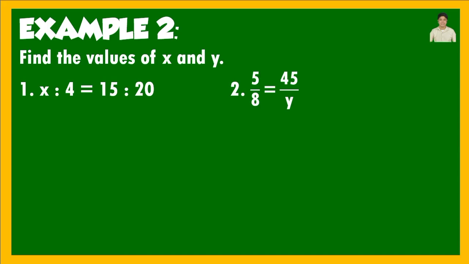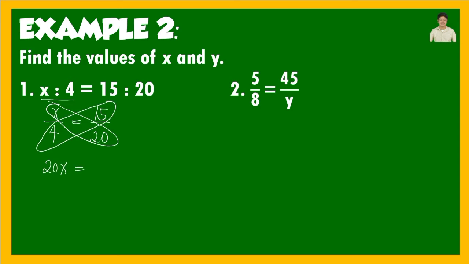So, x is to 4, transform natin in fraction form, that is x over 4, equals 15 is to 20, that is 15 over 20. And then cross products. X times 20, that is 20x, equals 4 times 15, that is 60.